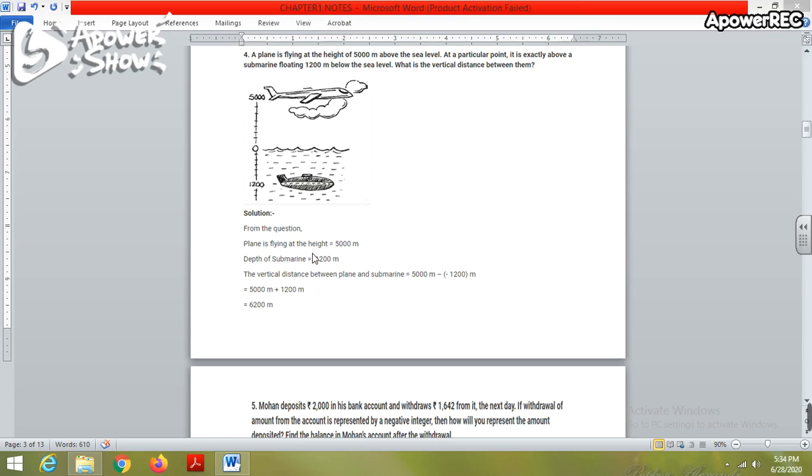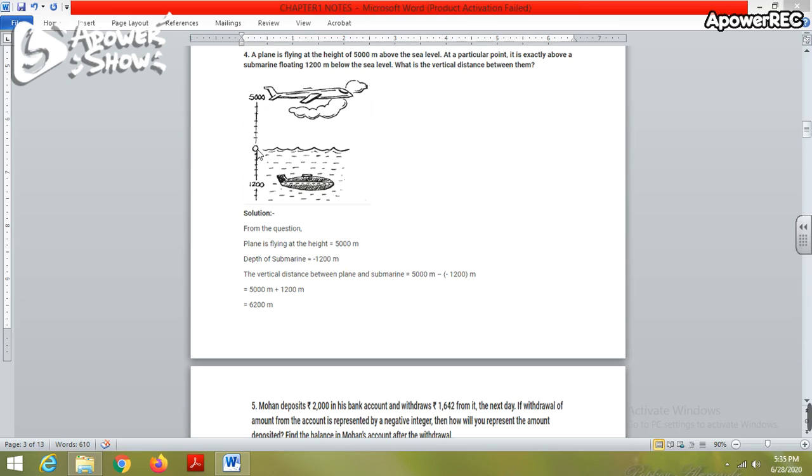Now to find the vertical distance between them, we just have to subtract -1200 from 5,000, which is 5,000 minus -1200, which equals 5,000 plus 1200, which equals 6,200 meters. You can also directly find the distance by using this diagram. From this point 0 to this point, the distance is 5,000.